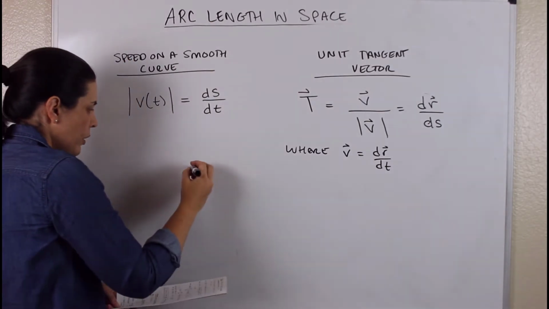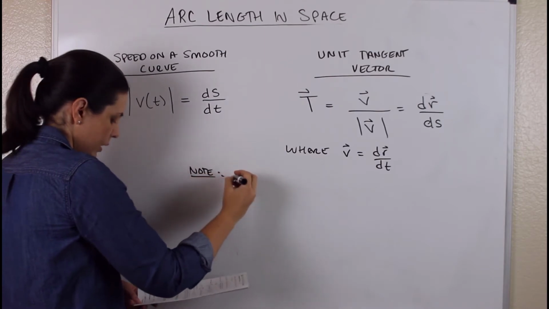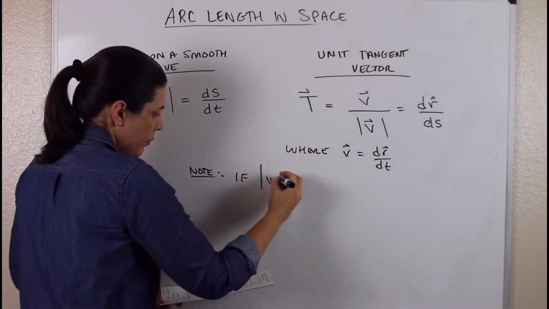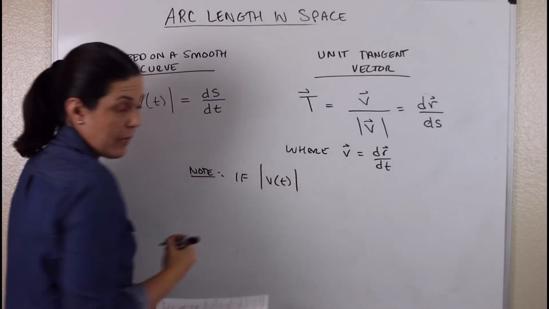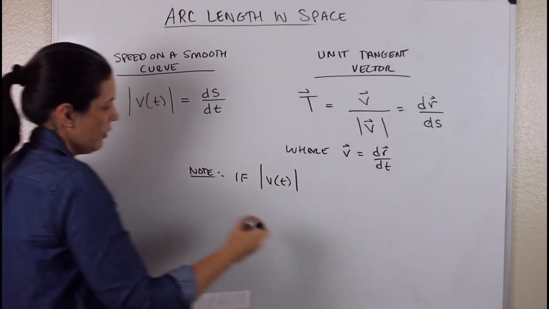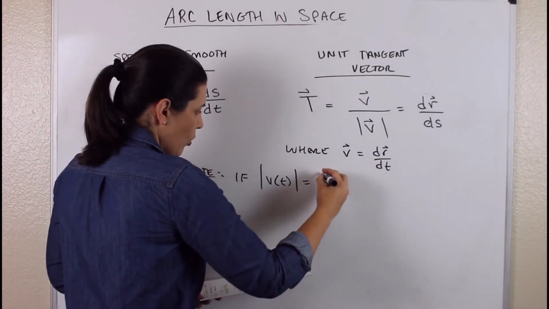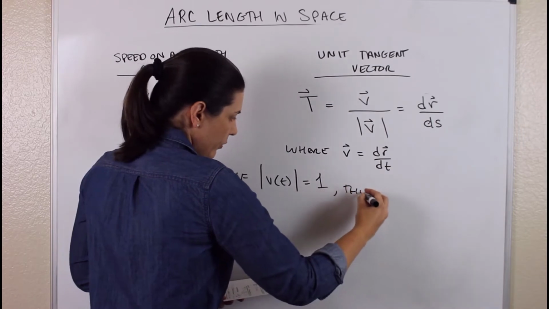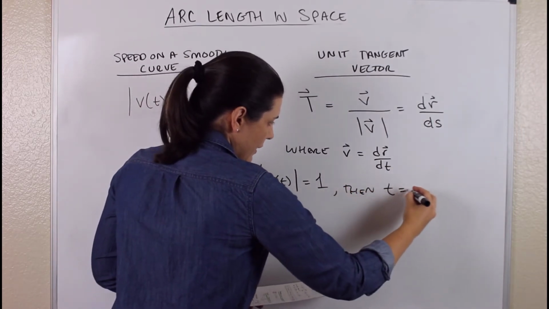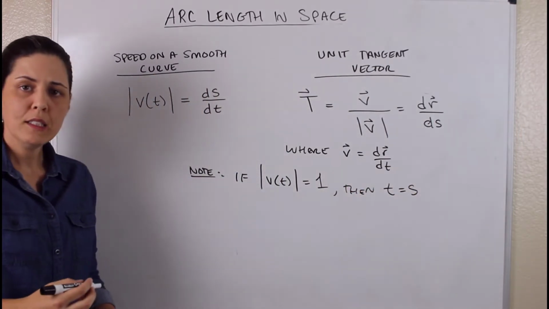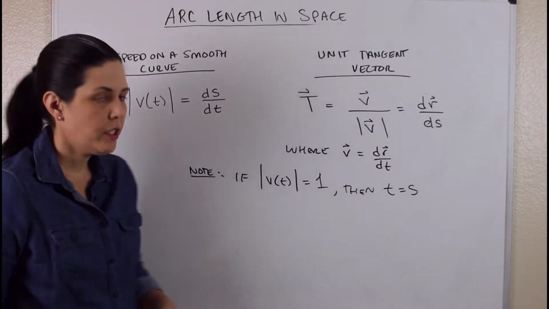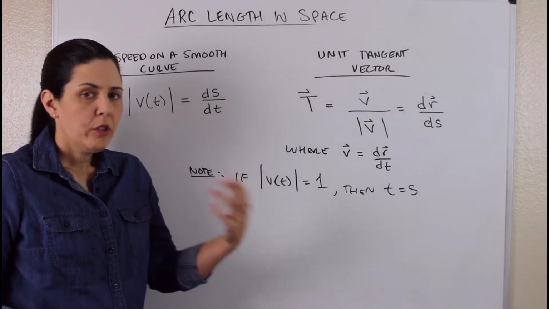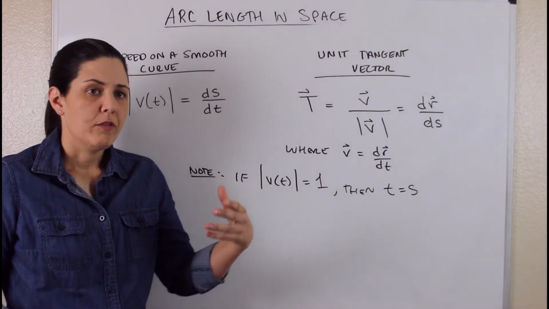And then a quick note, and then we'll get into the examples. If the magnitude of v, so the speed here, is 1, then t is actually the same as s. It's that situation we talked about where 1 unit of time lined up with 1 unit of distance.